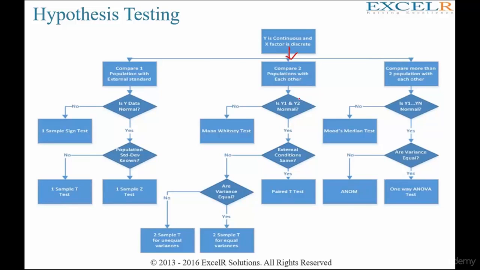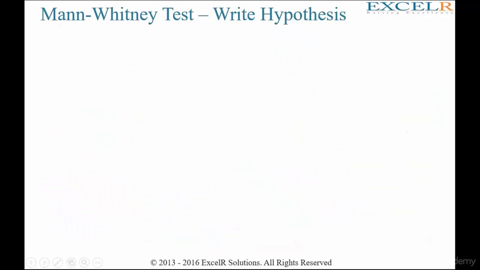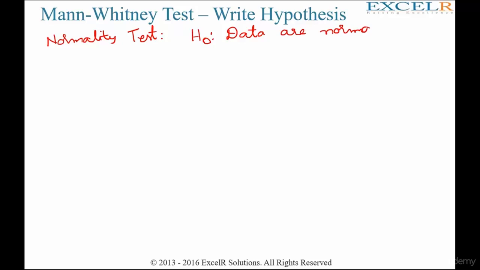What is the first step that we need to perform here? We need to perform a normality test. So let us write down. The first test is the normality test. For the normality test, the null hypothesis says data are normal, and the alternate hypothesis says data are not normal.